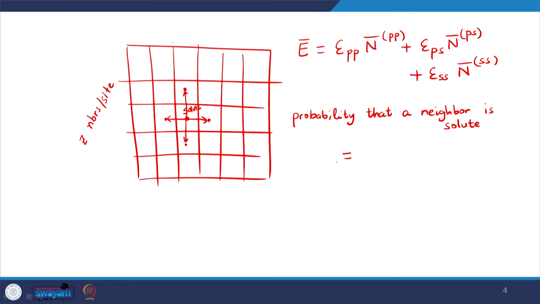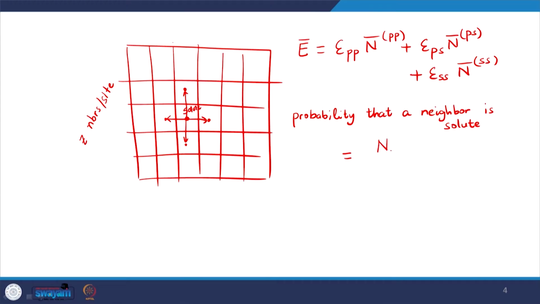That probability is essentially equal to the probability of any site being occupied by the solute molecules, and that is given by the number of solute divided by the total number of molecules in the system, right. So, as NP increases, we of course have higher probability that a site is occupied by the solute molecules, and when NP is equal to N tot, that is there is no solvent molecules, clearly the probability goes to 1 because all the sites are occupied by the solute molecules.